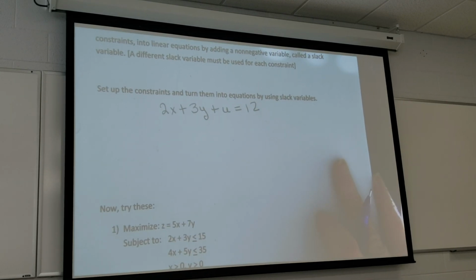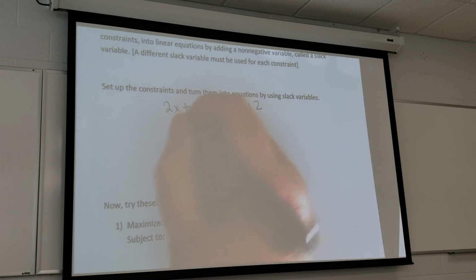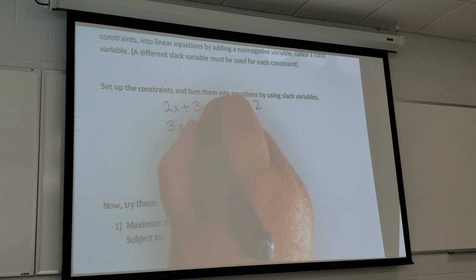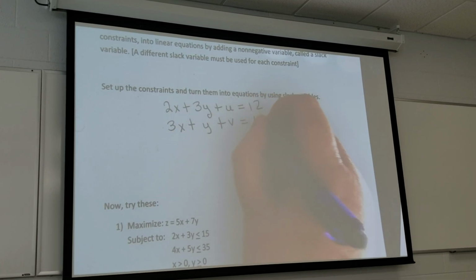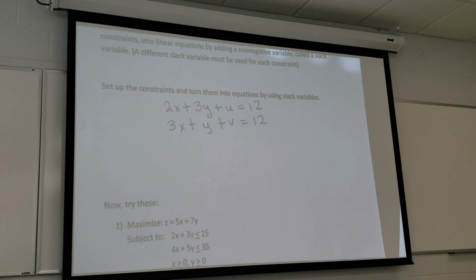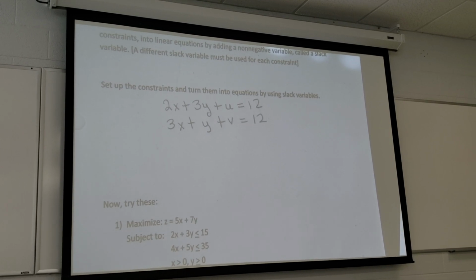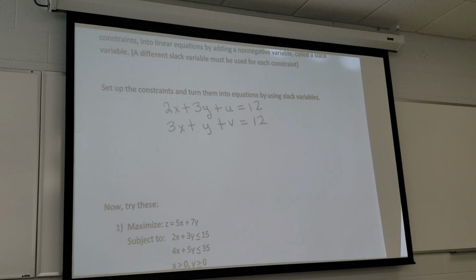No more inequality. 3x plus y plus v is equal to 12. Slack variables have to be different for each equation. So then I would use w, I would use p, r, anything but not x and y. And all the slack variables have to be different.